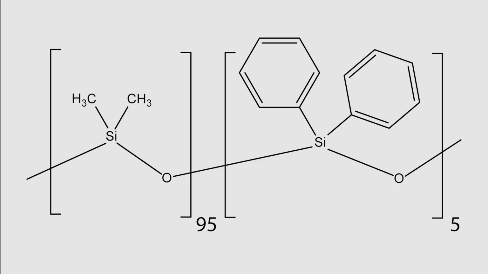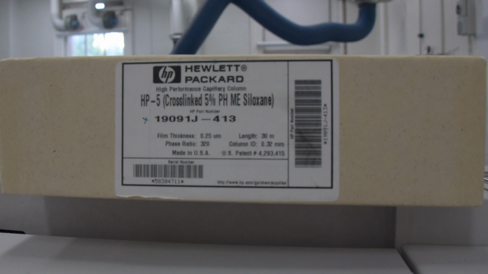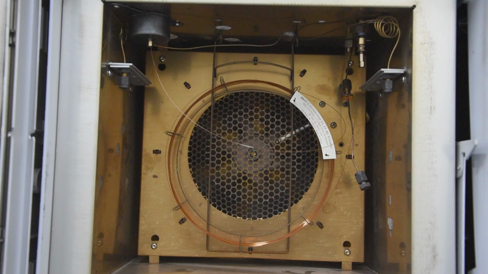The column in this case is a HP5, which is 95% dimethylsiloxane and 5% diphenyl siloxane, and has a length of 30 meters and an internal diameter of 0.322 millimeters.